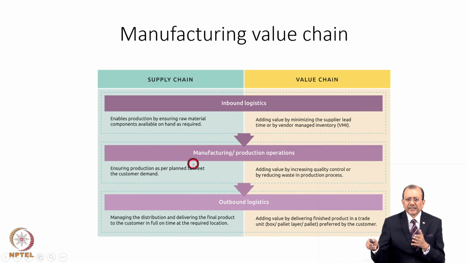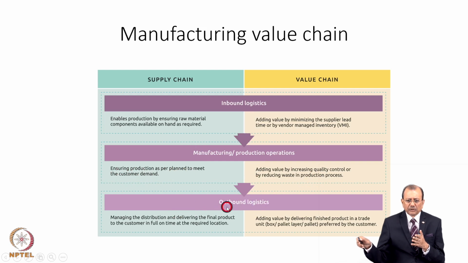Then the next value chain is the manufacturing and production operation. Similarly, here also you will find quite a few processes involved on the manufacturing side, and whichever process we are doing should add value to our company value chain. And then outbound logistics.